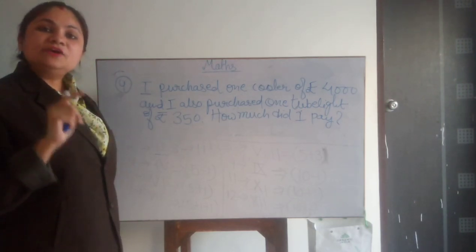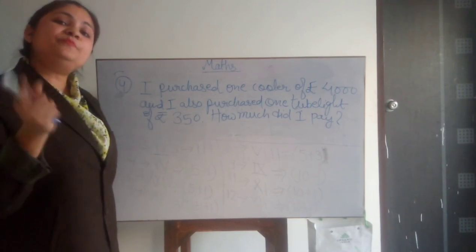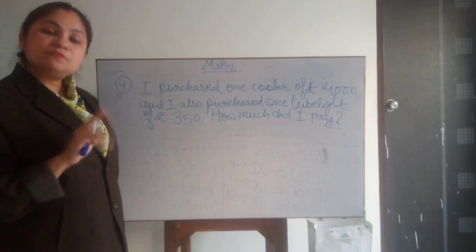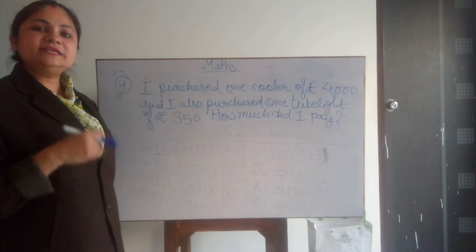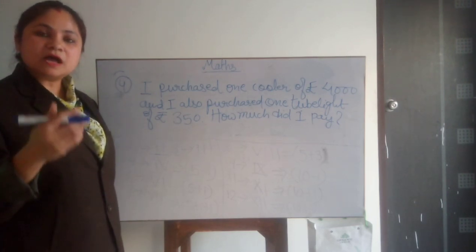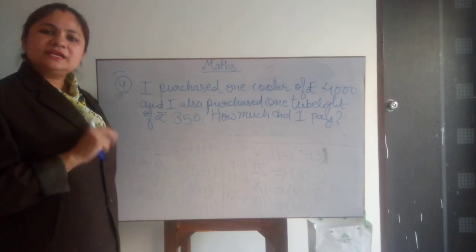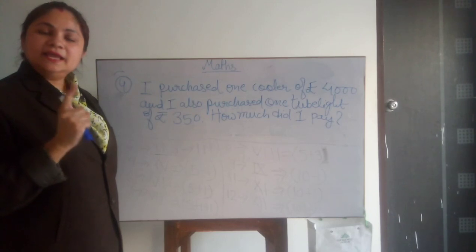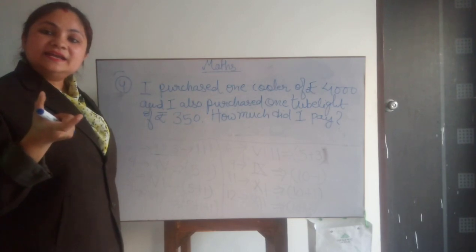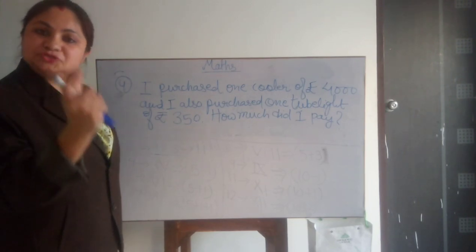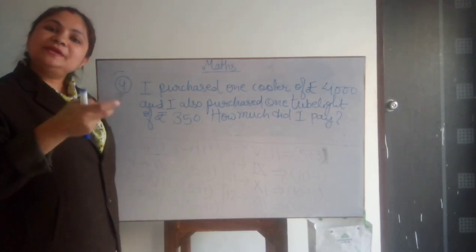Then your mother asked you how much you paid for both. What will be your answer? Or she is asking, how much money have you given to the shopkeeper? Instantly you will say 30 rupees. Why? Because you just added both the rupees. 10 rupees for chocolate and 20 rupees for chips. So 10 plus 20 will be 30.